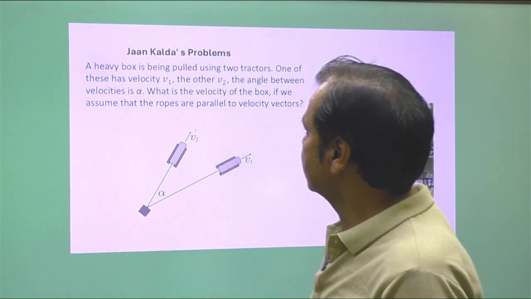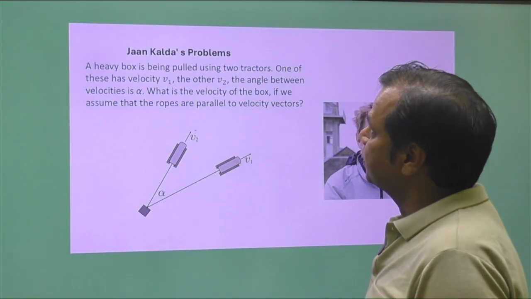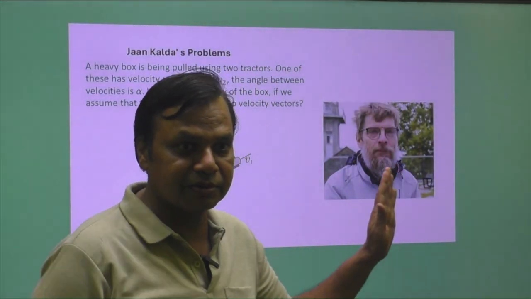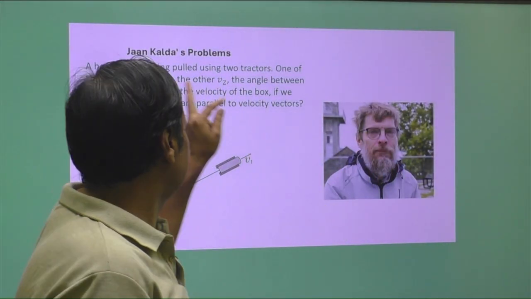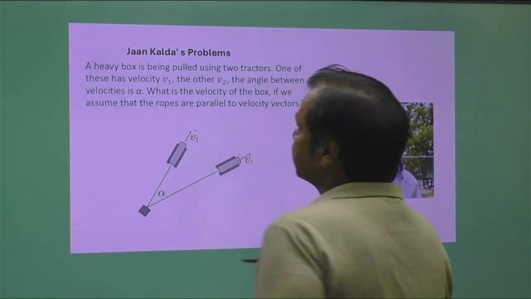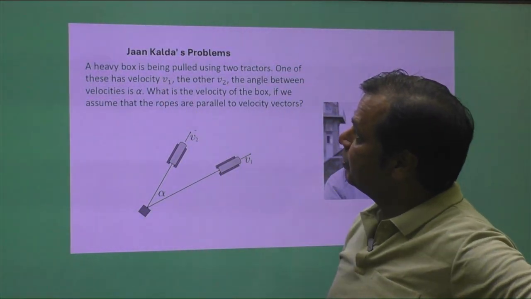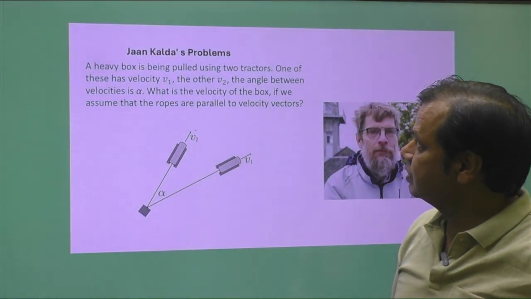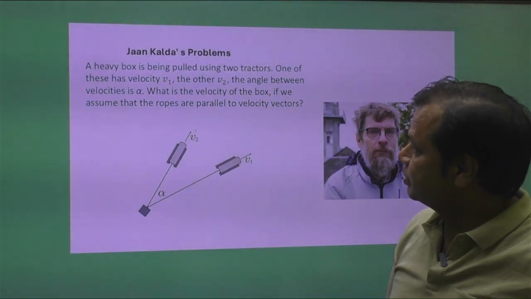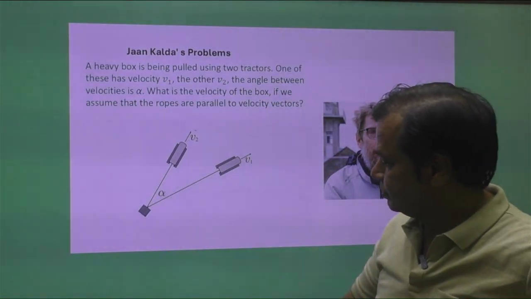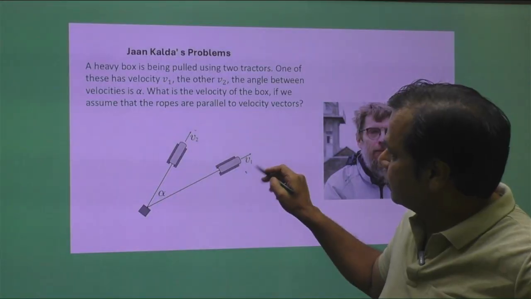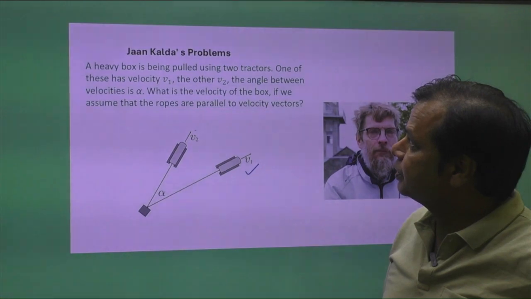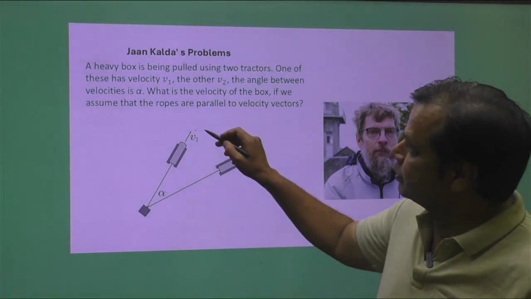This is Mr. Kalda himself, and this is the kind of problem. A heavy bag is being pulled using two tractors. One of these has velocity v1, this one I think, and the other, sorry, this tractor's velocity is v2.